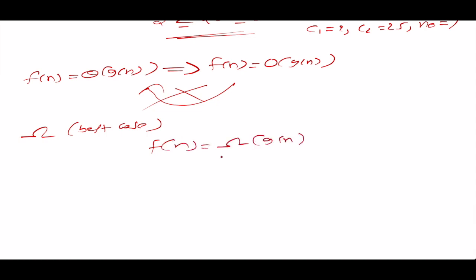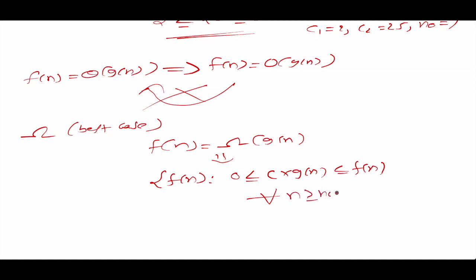So we will say there exists, in f of n, where this condition is satisfied: c into g of n less than or equal to f of n for all n greater than or equal to n naught, c greater than 0, and n naught also greater than 0.